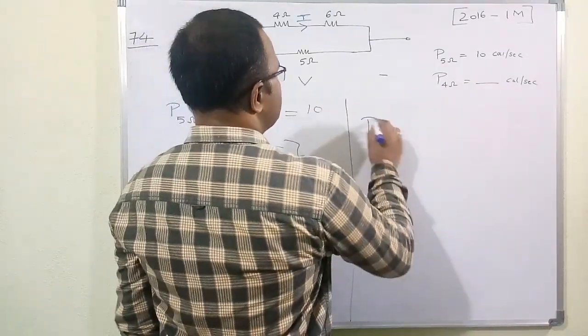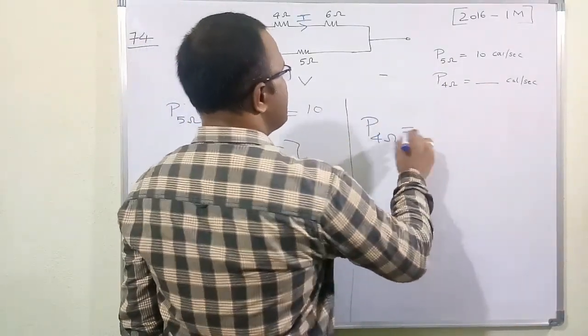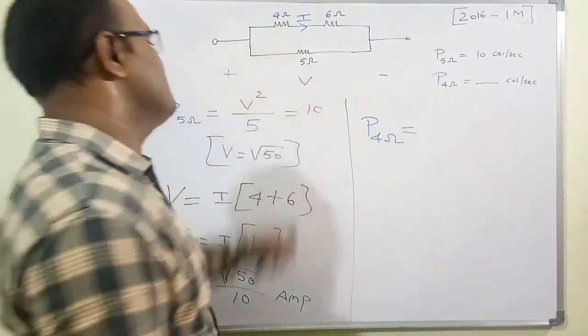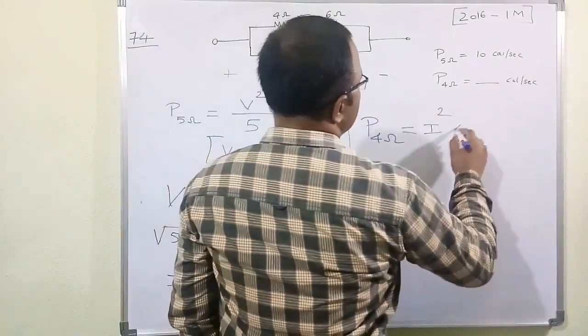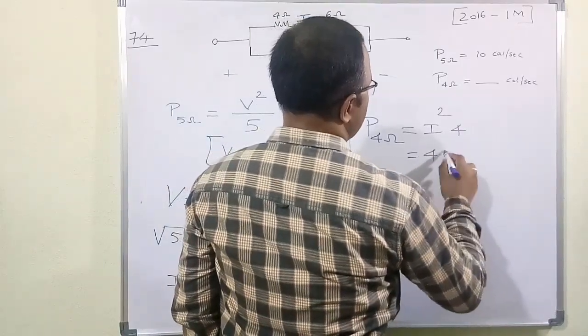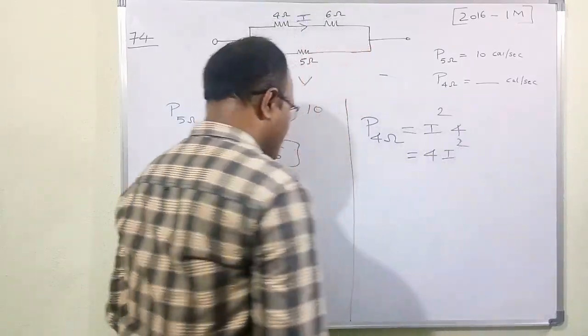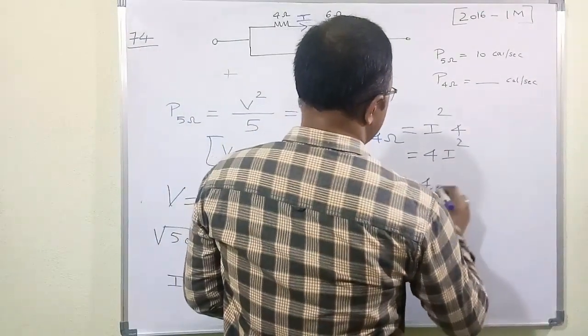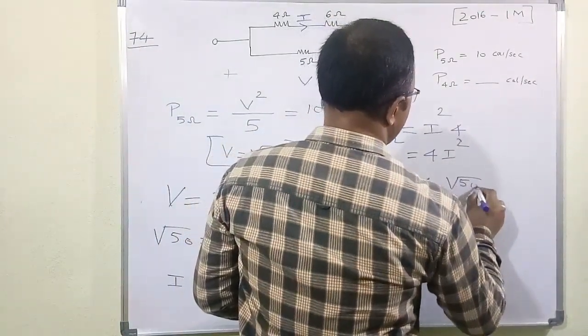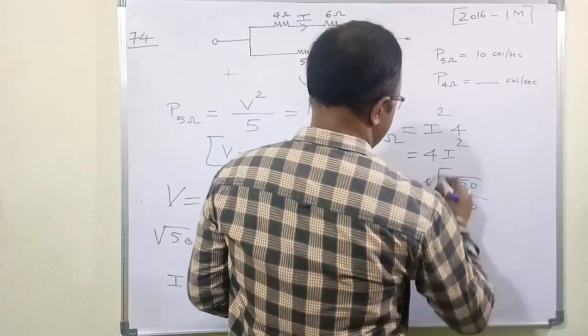So the power absorbed by the 4 ohm is equal to I square R, as the current in the 4 ohm is I. I square into R is how much? 4 I square we can write. But we already know the value of I, root 50 by 10. So therefore, 4 into root 50 by 10 whole square.